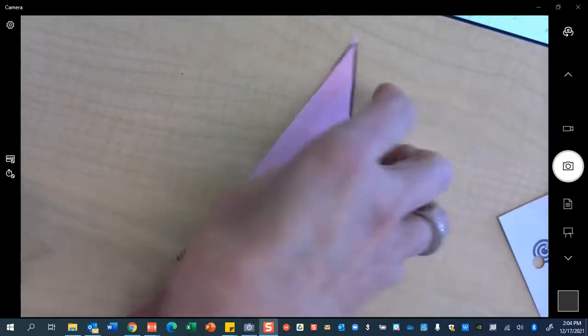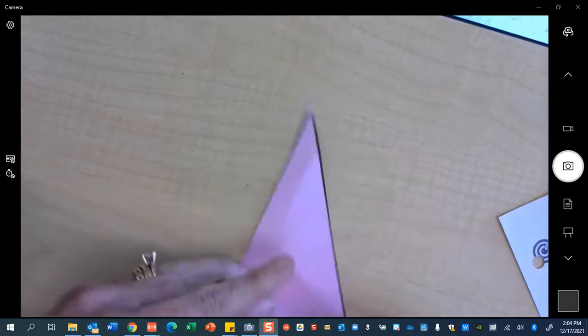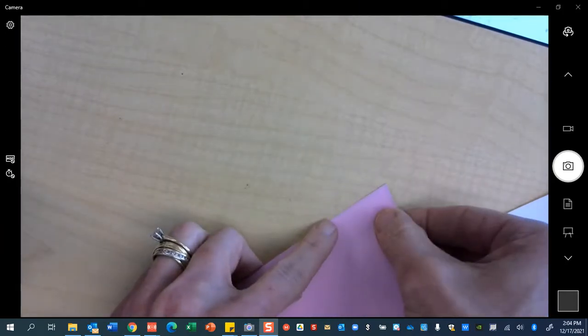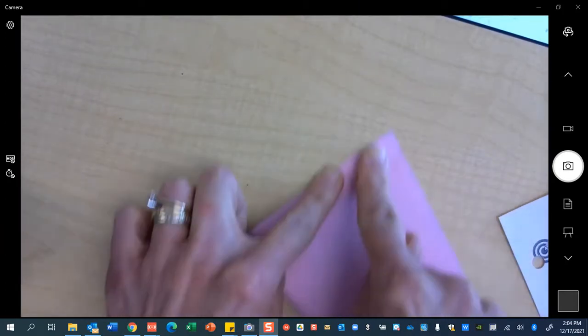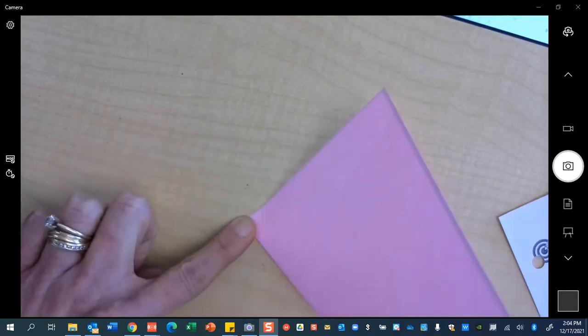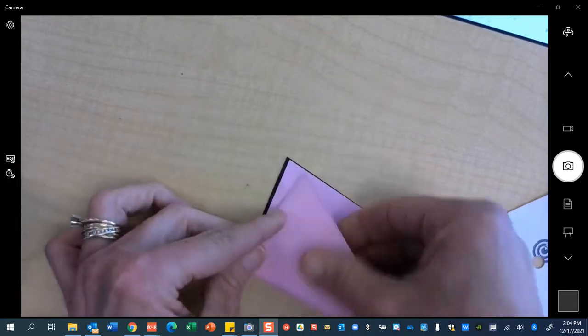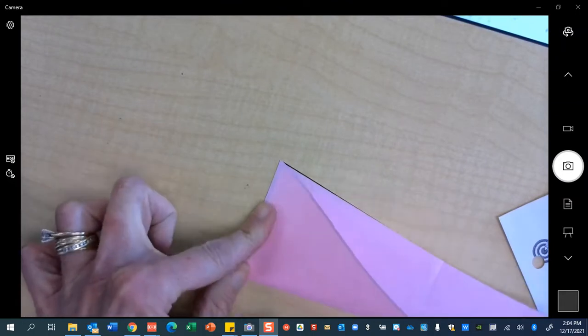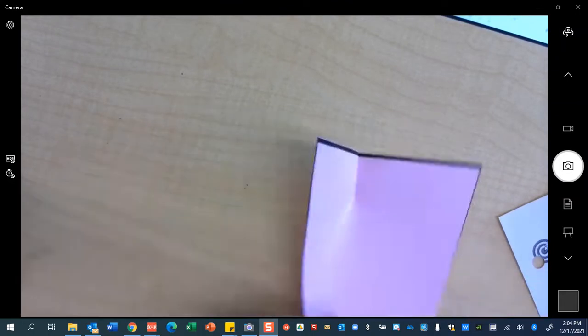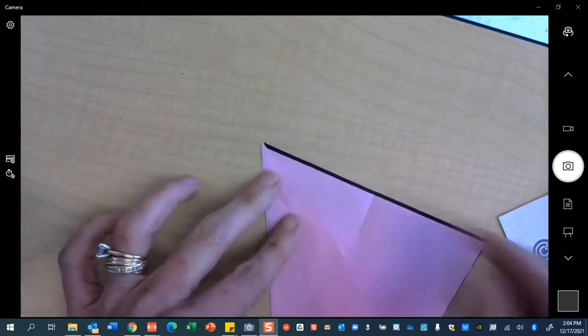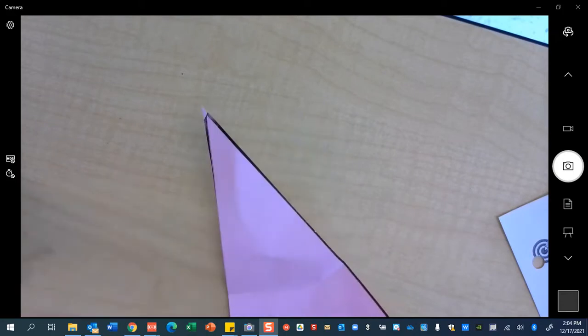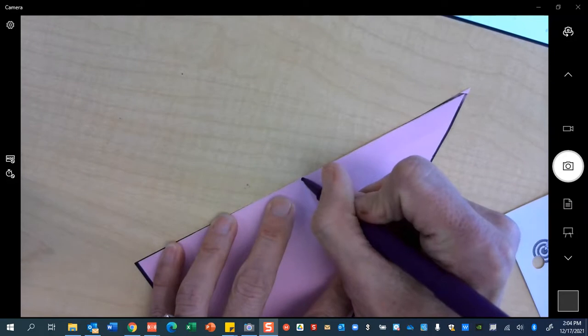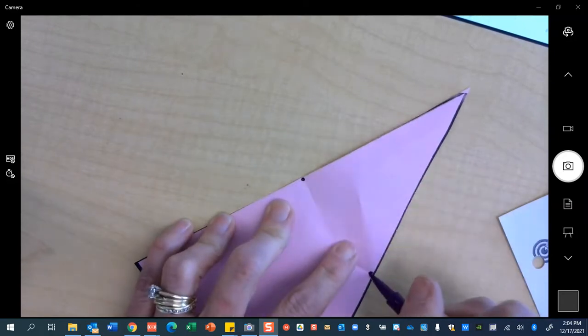So you're going to match up vertex to vertex and pinch, vertex to vertex and pinch, vertex to vertex, and pinch, and then you're going to mark each pinched spot with a dot.